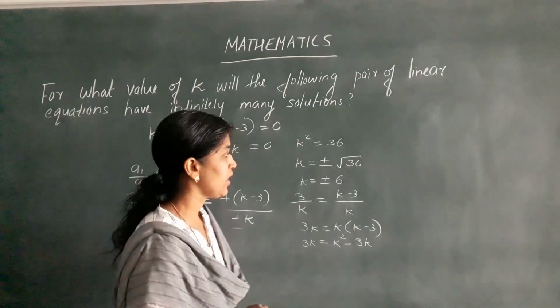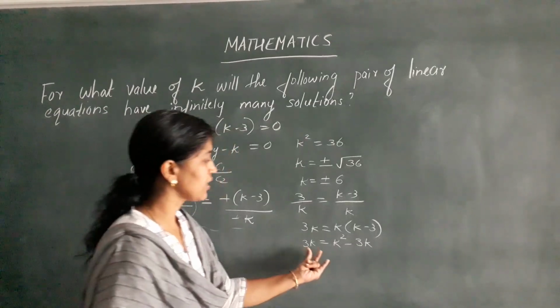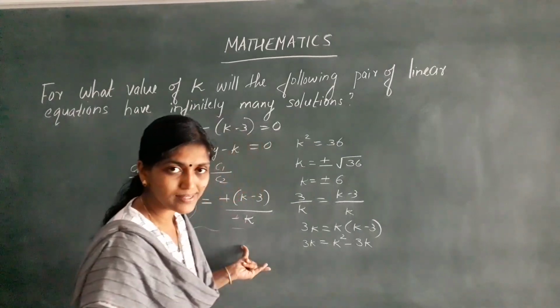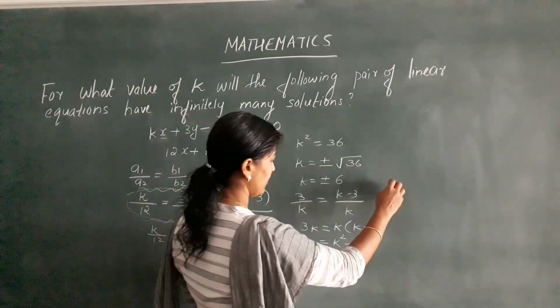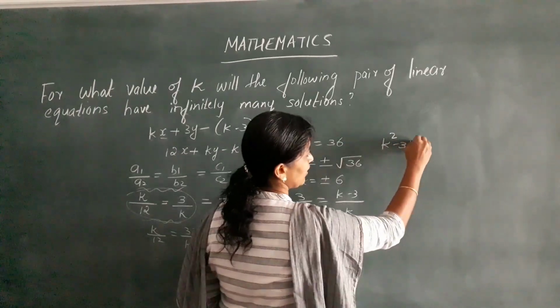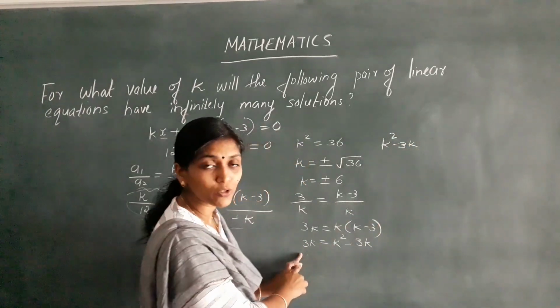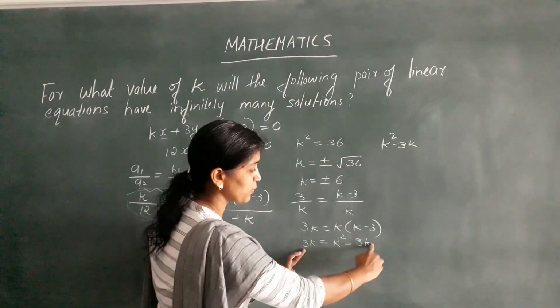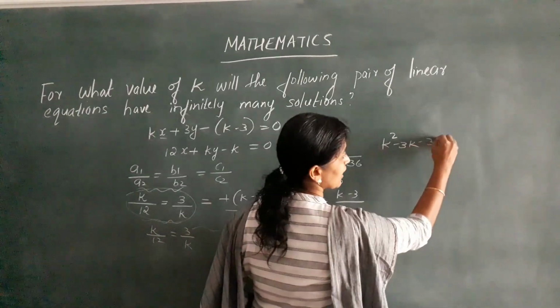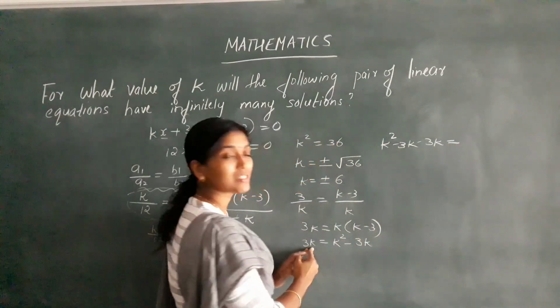Now see, 3k is equal to k square minus 3k. We can take all to one side. So we will get k square minus 3k. This one I am going to transpose as positive 3k. When I transpose to this side, it becomes minus 3k, and the other side becomes 0.